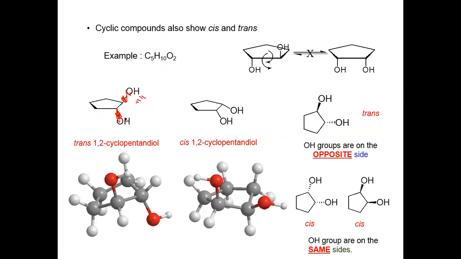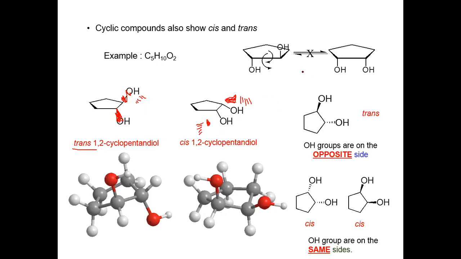You can see it's in a trans position, because one is a solid wedge and the other is a dashed line. For a cis, both can be solid wedges, or both can be in hashed, dashed form. So both can be considered as a cis position.